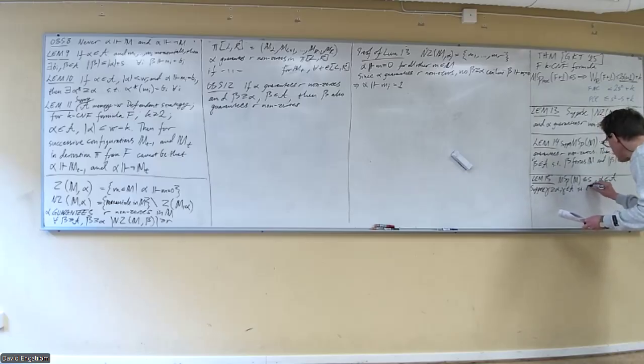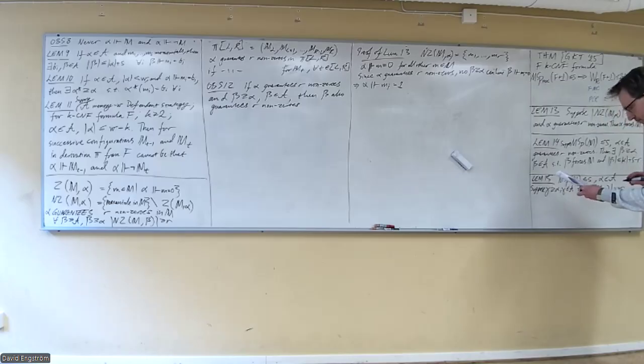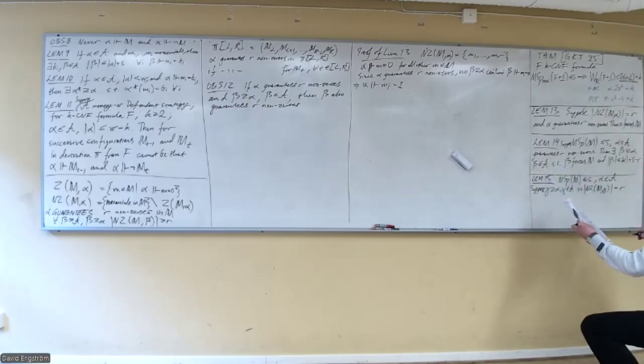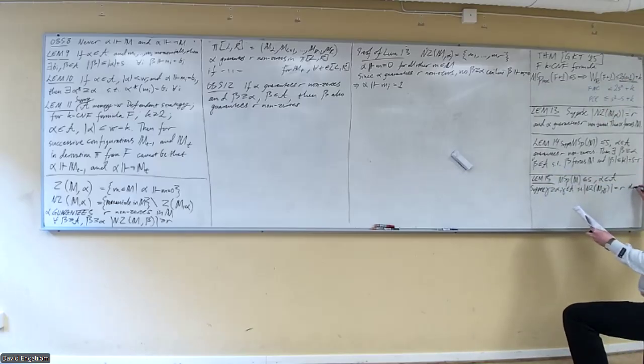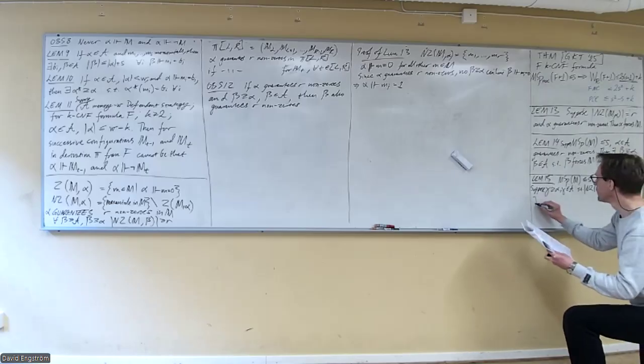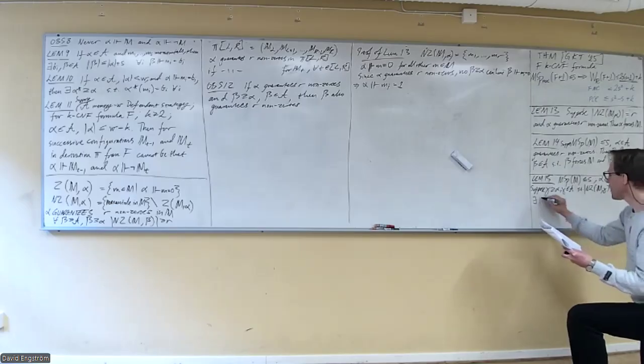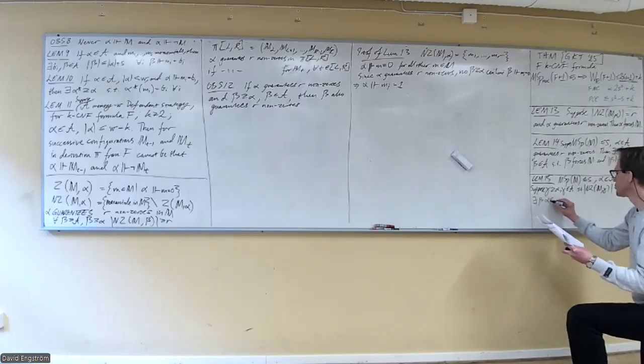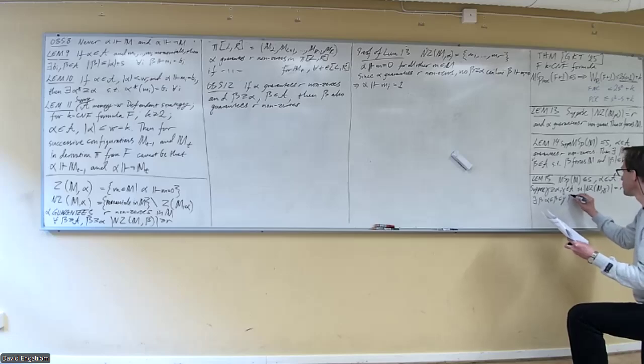And suppose that for gamma the number of non-zeros is R. Then there exists a beta between alpha and gamma.